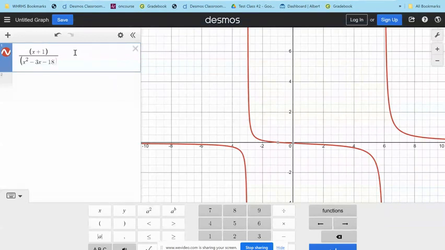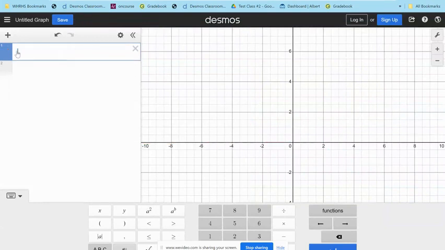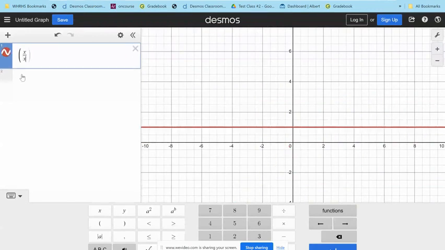Let's look at the other one we just did with the plus sign. I'm not sure if this will go into Desmos, but we'll try it.